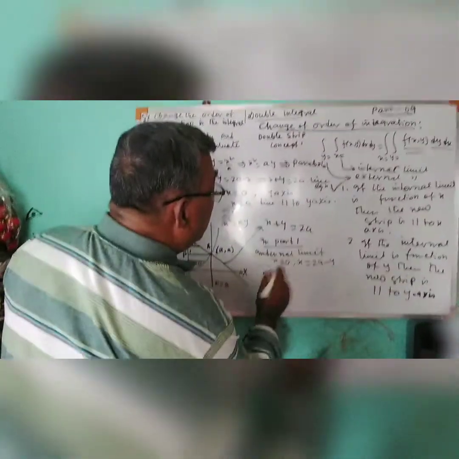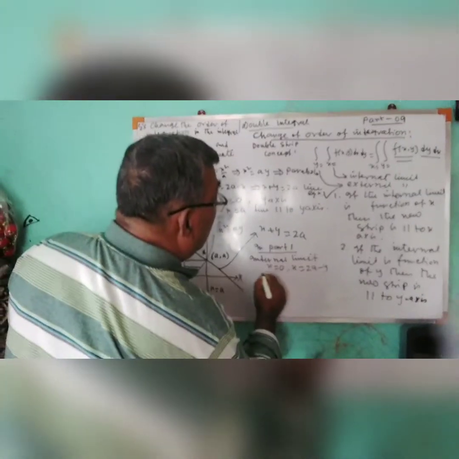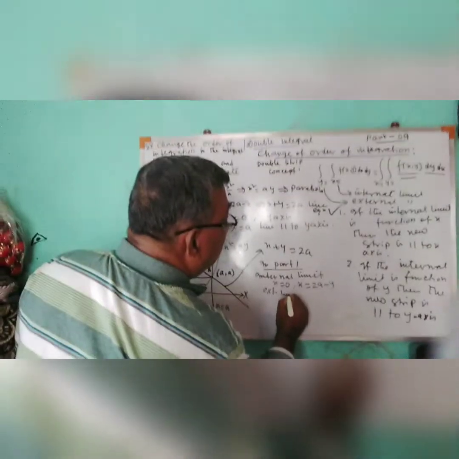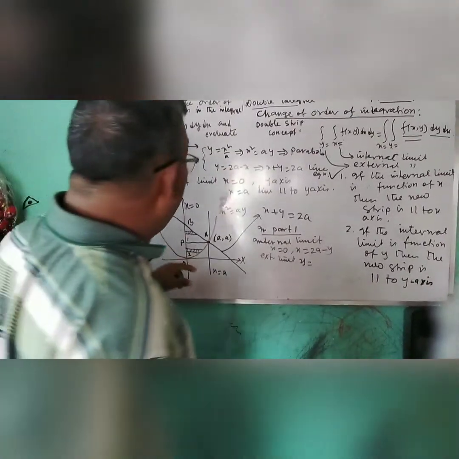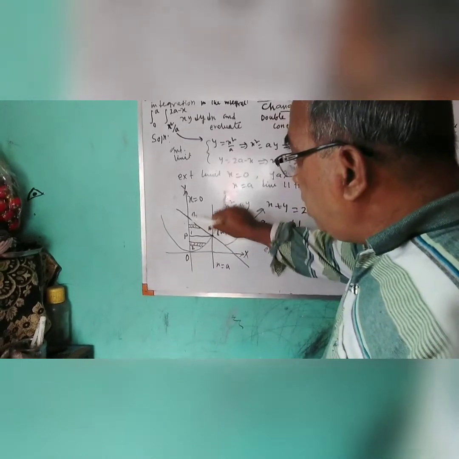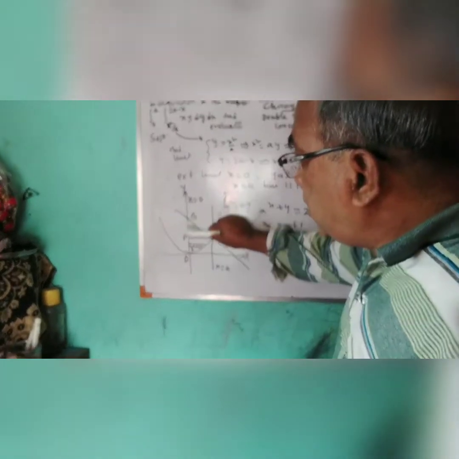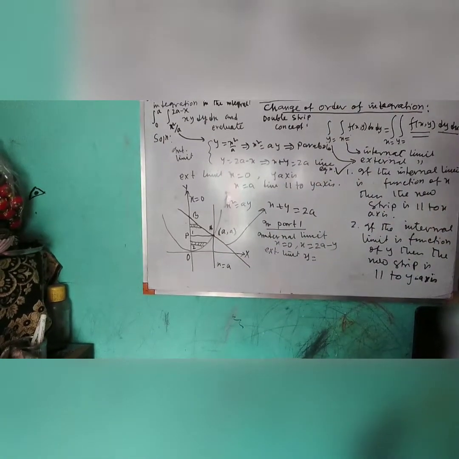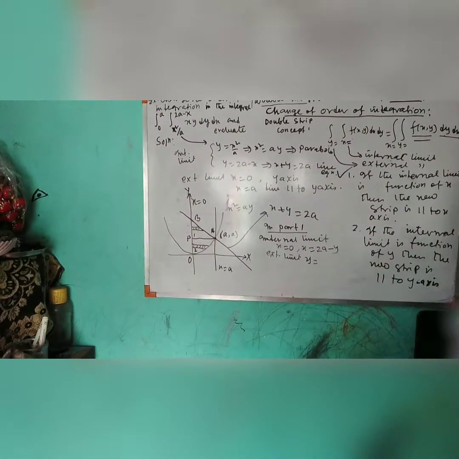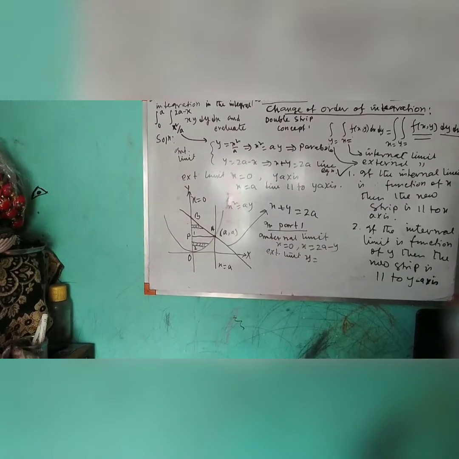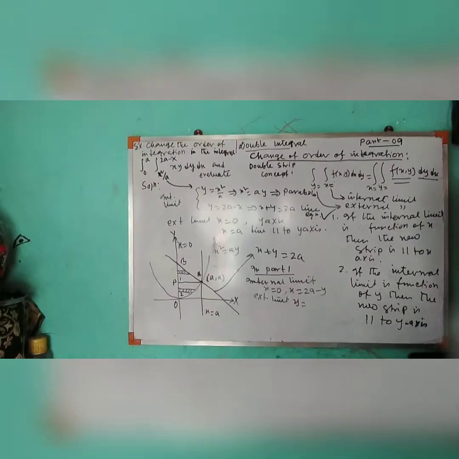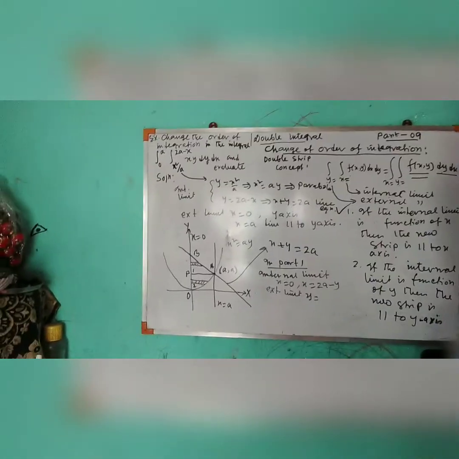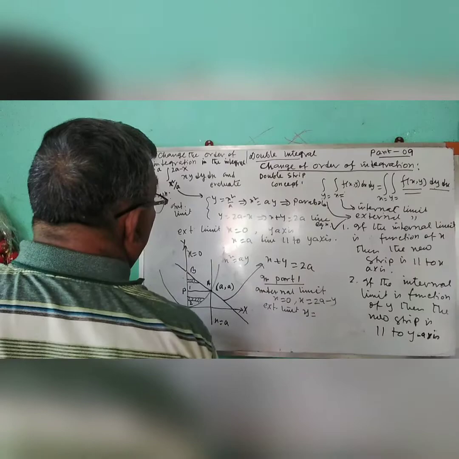And the external limit: if we move this strip up and down, then x goes from 0 to 2a minus y, and this point is a and this point is 2a.